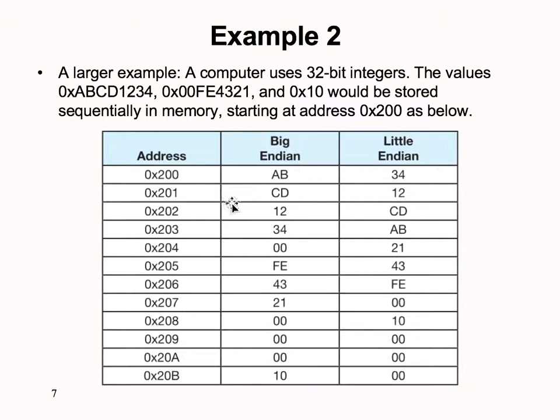So addresses 200 to 203 store the first number. The next four addresses are used to store the second number: 00, the most significant byte of the second number, then FE, 43, and 21.